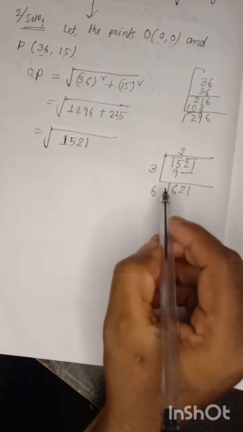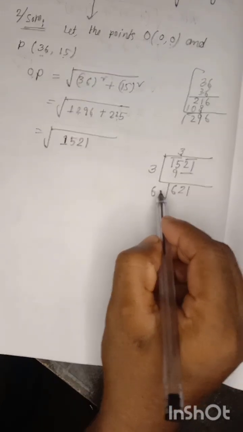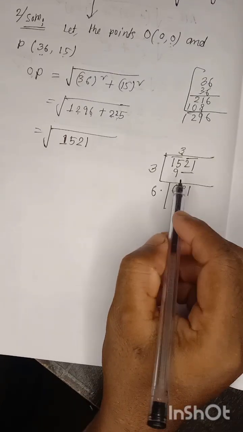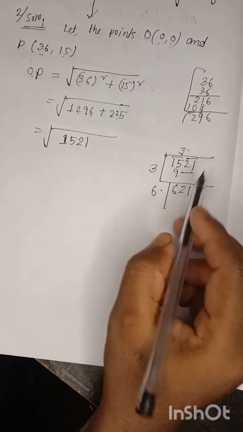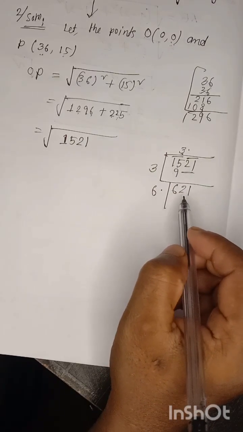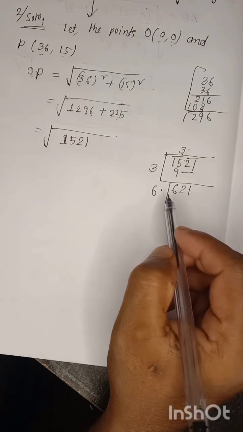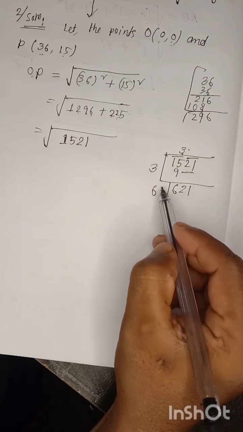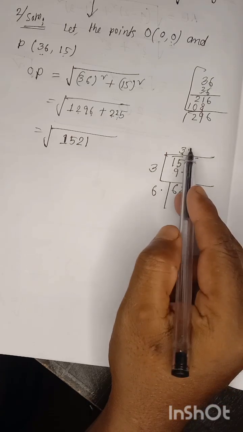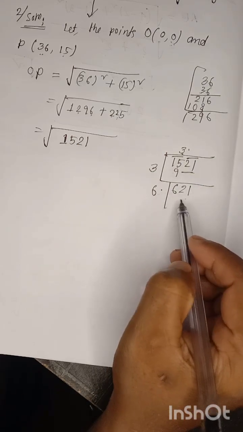Now we have to take a number that also becomes part of the result, such that the product is at most 621. If I take 1 here, 1 one is 1 and 1 times 6 is 6, only 61.